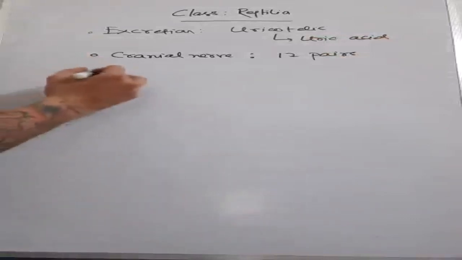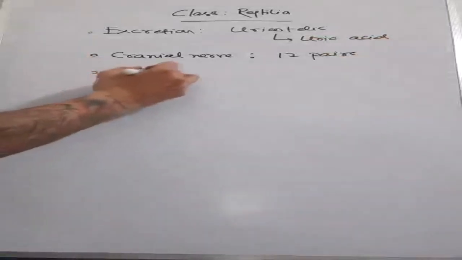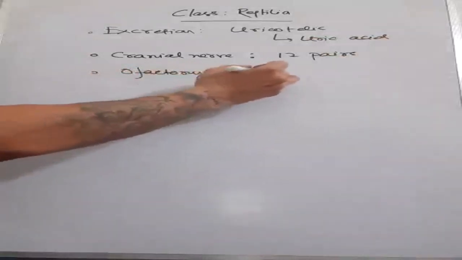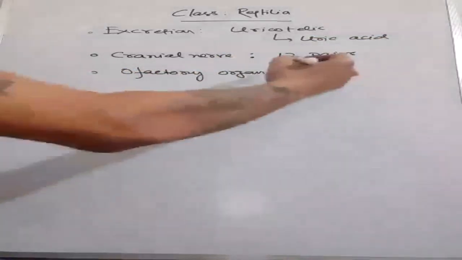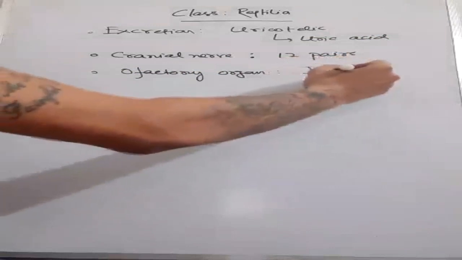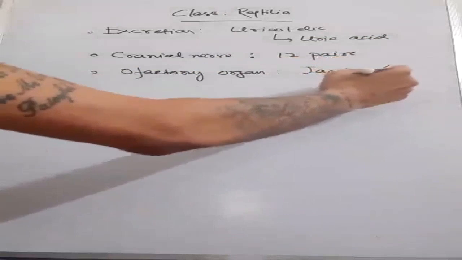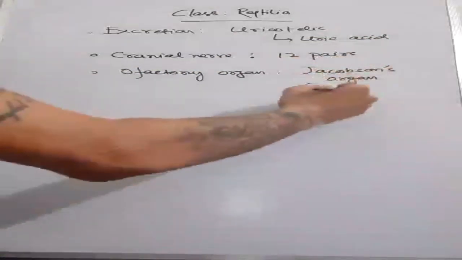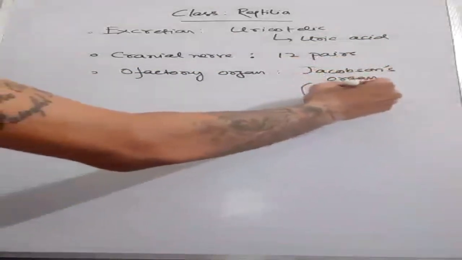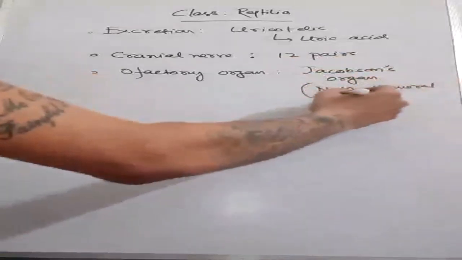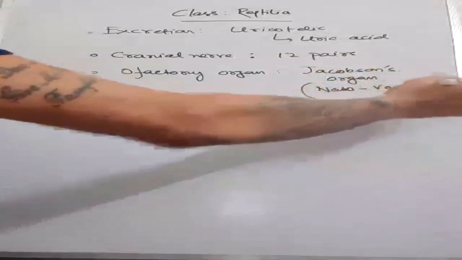And their olfactory organ. What do you mean by olfaction? Olfaction means smelling. The olfactory organ present in reptilia is known as Jacobson's organ. And it is basically nasovomeral in nature. I'll try to show what is nasovomeral.